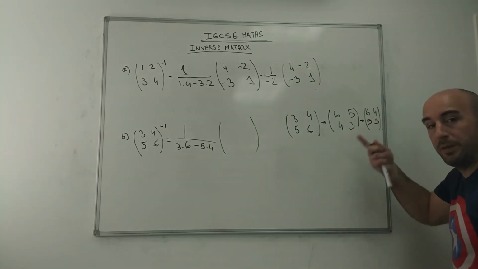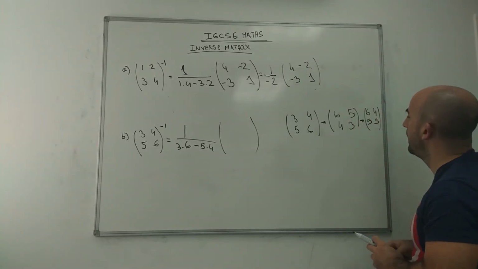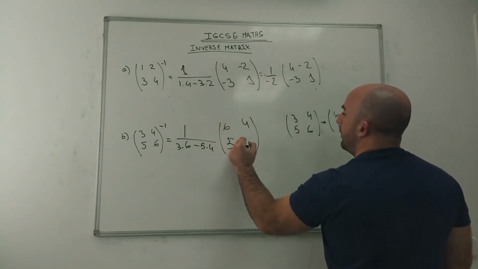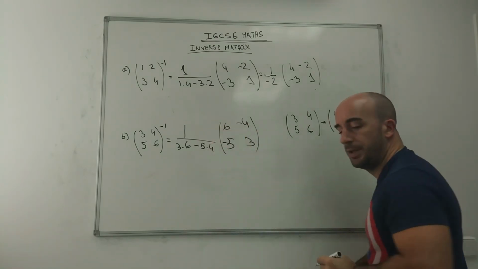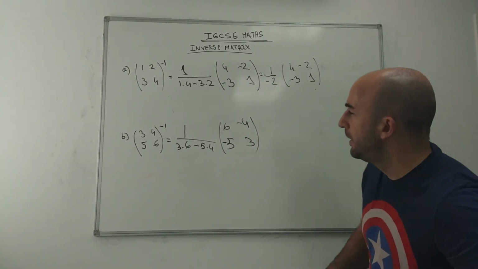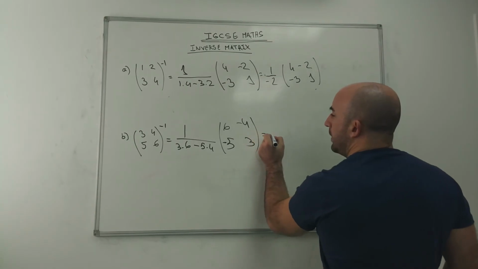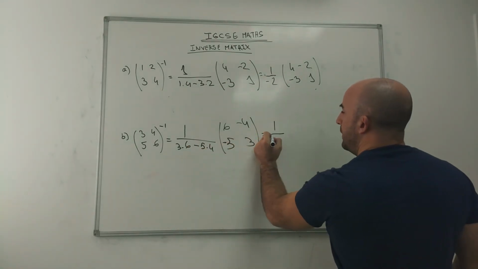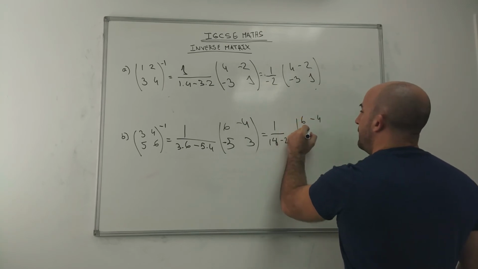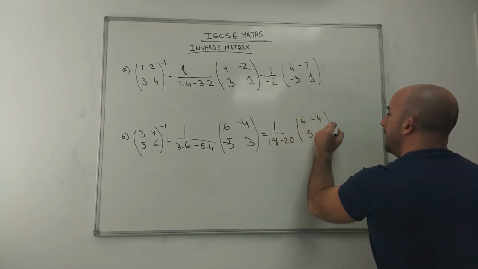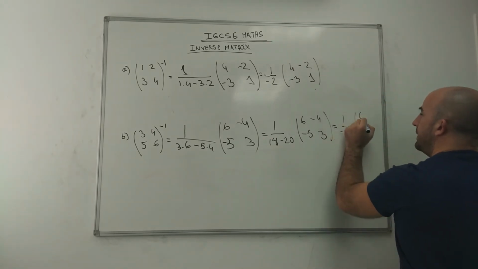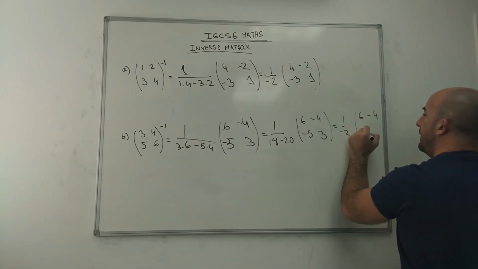So that would be the third step in my process. So now I go here and I put 6, 4, 5, 3. And I change those signs. So that's my inverse. So that's 1 divided by 18 minus 20, so that's 1 divided by minus 2, times 3, minus 4, minus 5, 6.